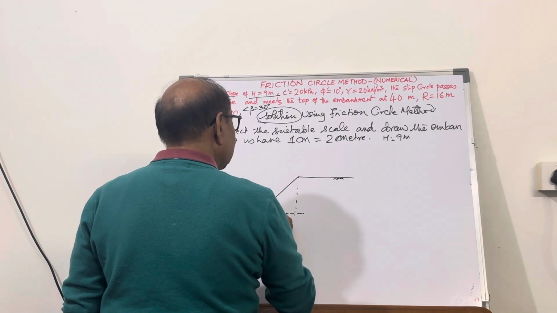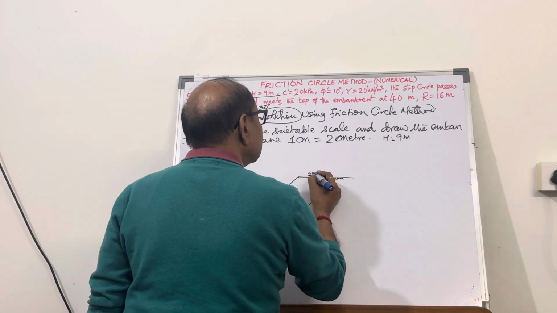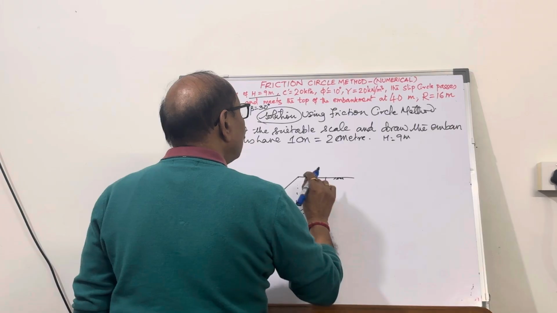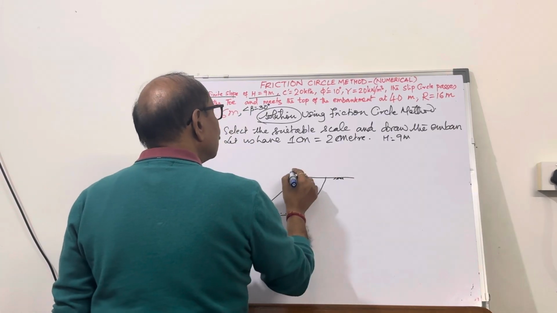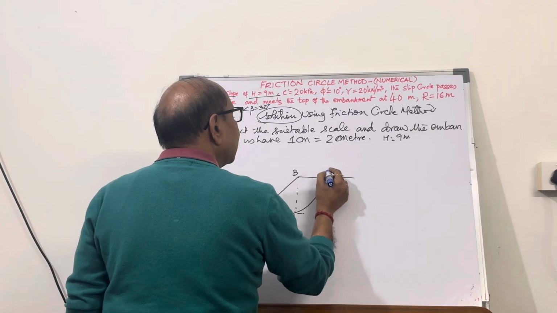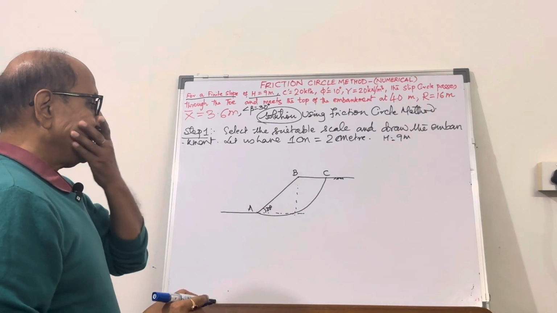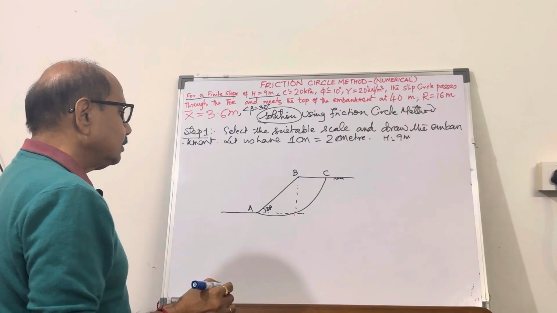So here it is going to be 2 centimeter. That means it becomes 4 meter. So at 4 meter it meets. So AB becomes the slope and the slip circle is going to meet the top of the embankment at 4 meter.